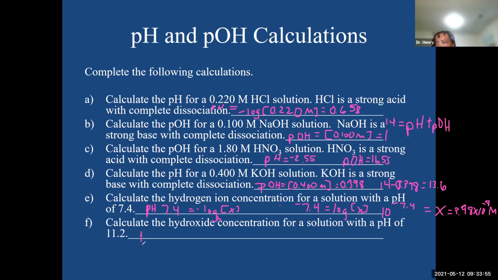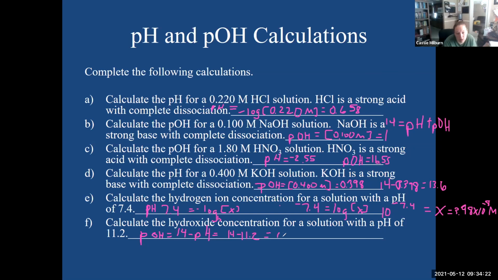So now we want pOH, and that's going to equal 14 minus pH. So that's 14 minus 11.2, which is 2.8, sorry.